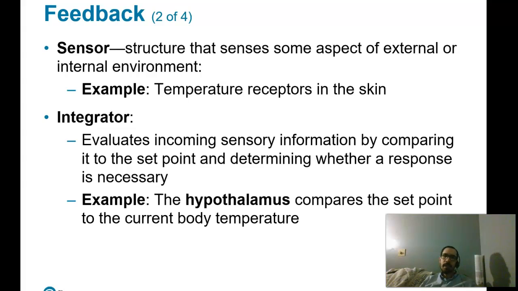The integrator is the one that evaluates that incoming sensory information by comparing it to the set point and then determining whether a response is necessary. So for example, the hypothalamus compares the set point to the current body temperature.